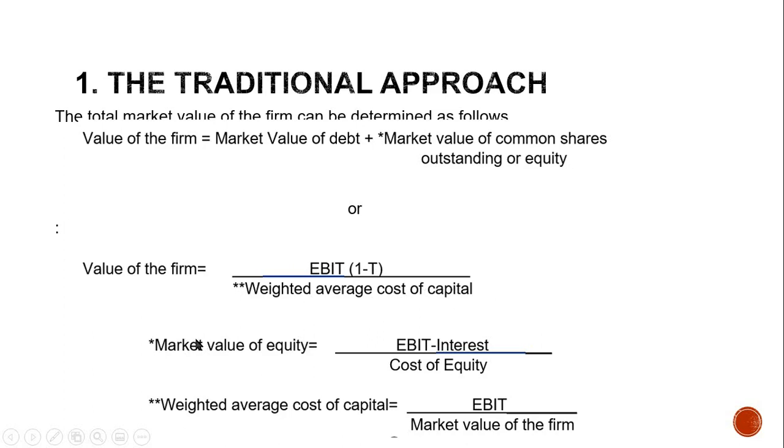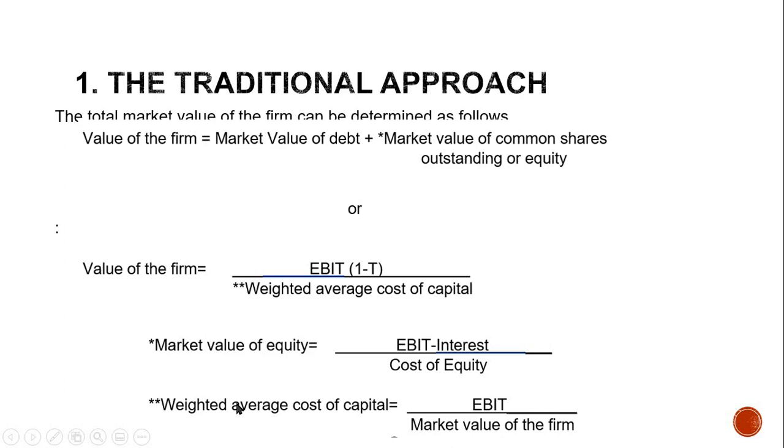Ayan. Now, paano ba natin kunin yung market value of equity? Okay, this one. So that's EBIT, or earnings before interest and taxes, minus interest, divided by cost of equity. So that's how you get the market value of equity. While the weighted average cost of capital would be earnings before interest and taxes divided by market value of the firm. Okay? Yeah.